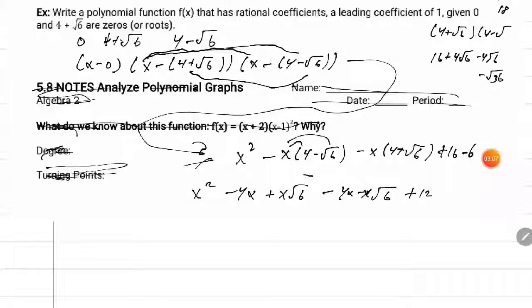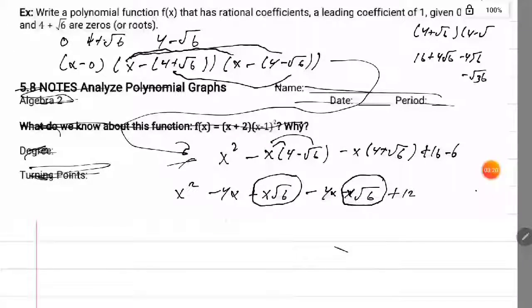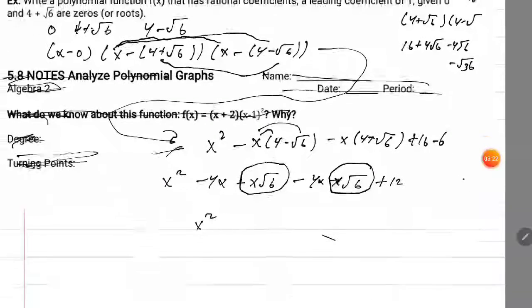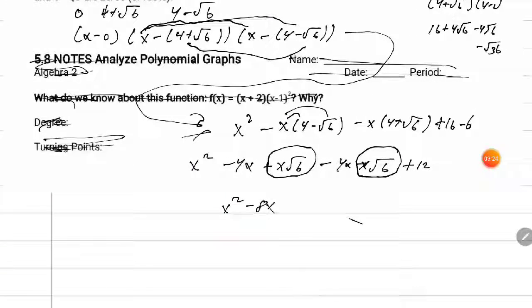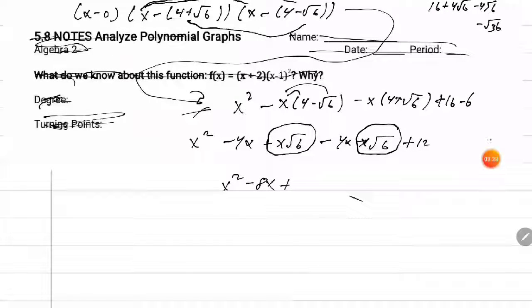The plus x root 6 and minus x root 6 will cancel, because that's a positive-negative thing. So I'm left with x squared minus 8x plus 12.